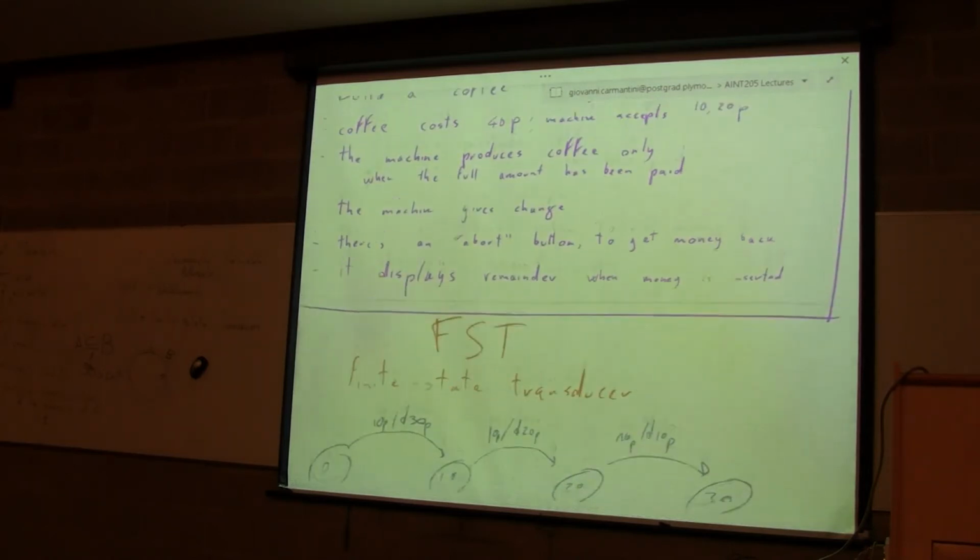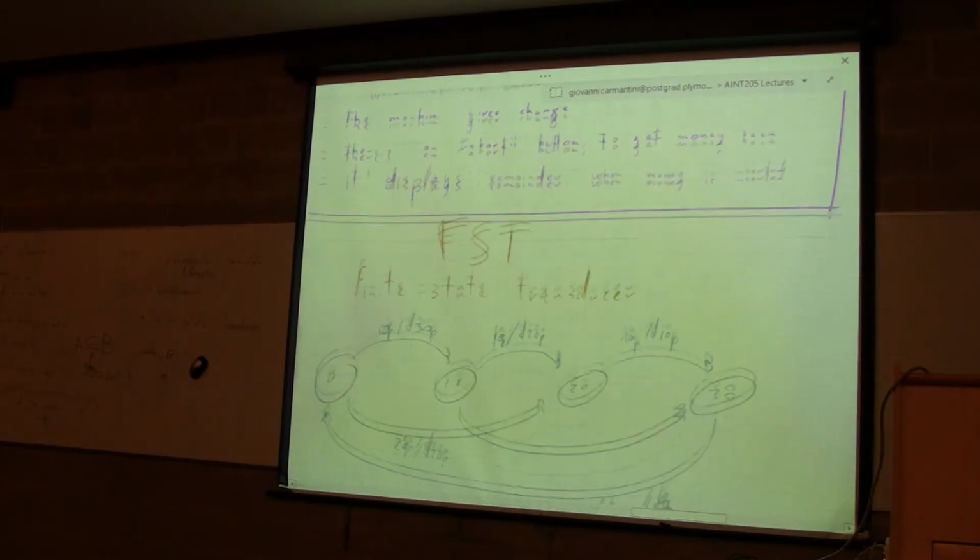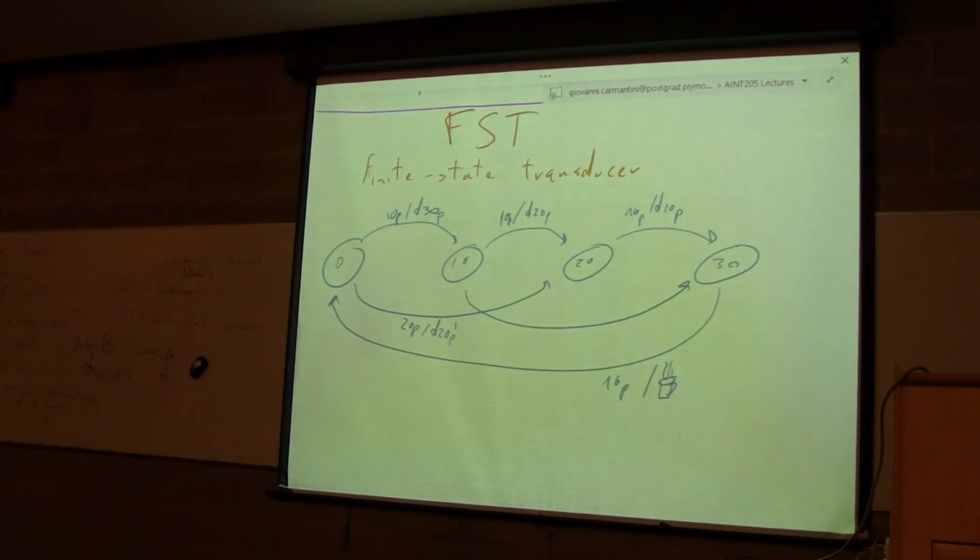And then the machine also accepts 20 pence, so I will do the same as here. So 20 pence, display 20. Okay. So for example, if I put an abort button, I will have some transitions like that. So I am at 20, the abort button will give me back my 20 change, 20p change.